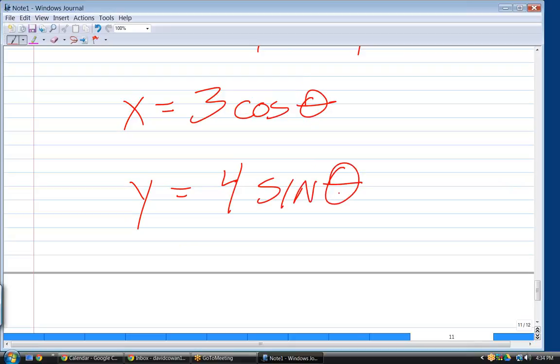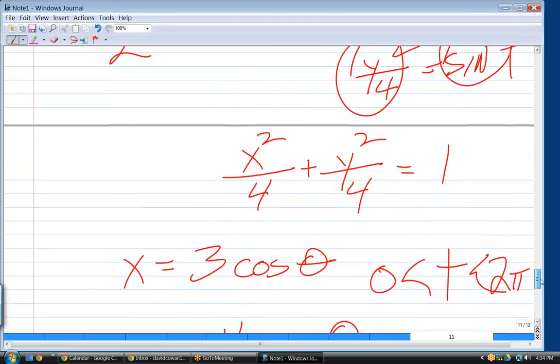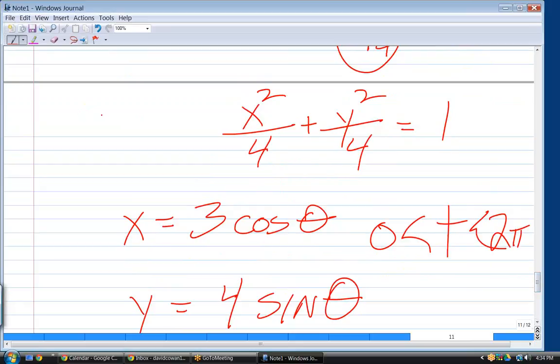There's my two parametric equations. And again, I'll let t go from 0 to 2 pi. Incidentally, in that last problem, I get this circle when t traces from 0. Remember, t went from 0 to 2 pi?